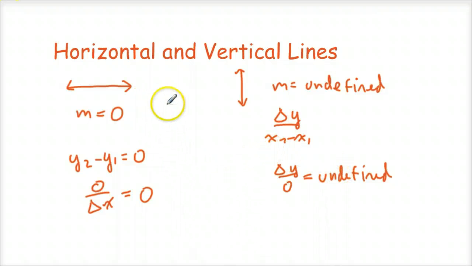Now, here's where it gets a little tricky. With a horizontal line, the equation of the line is always of the form y equals some number. We'll just call it a, right? So a horizontal line always looks like that.